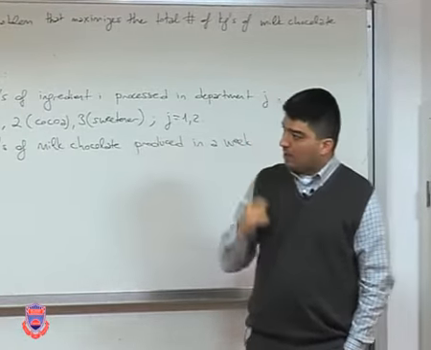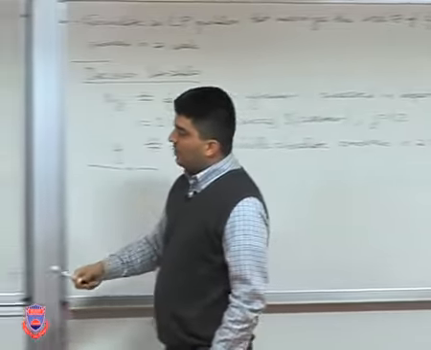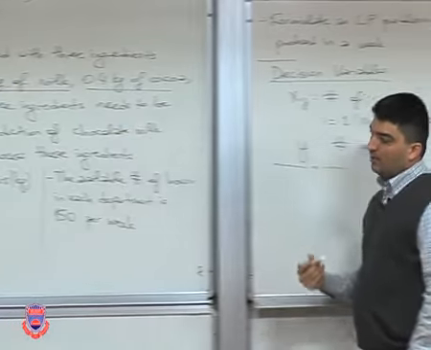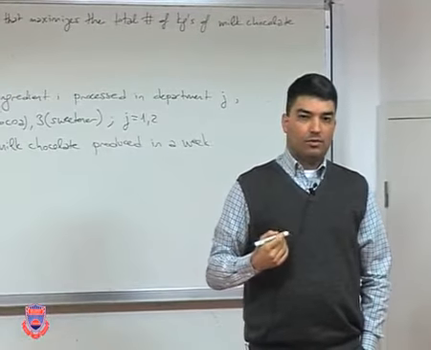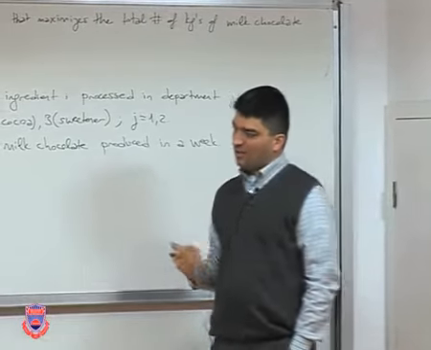Okay? So now my question is the following. If I tell you that, for example, I have 2 kilograms of milk, 2 kilograms of cocoa, and 2 kilograms of sweetener available, how much chocolate milk can I produce with those ingredients? This is not too hard, right?